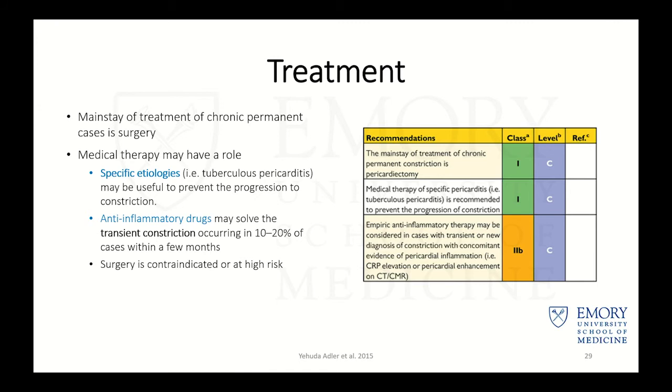But also for some of the specific etiologies like tuberculous pericarditis, you may consider treating with antibiotics or anti-tuberculous agents in order to improve constriction. And in certain cases of transient constriction, you may consider using steroids or anti-inflammatories to help resolve constriction as well.